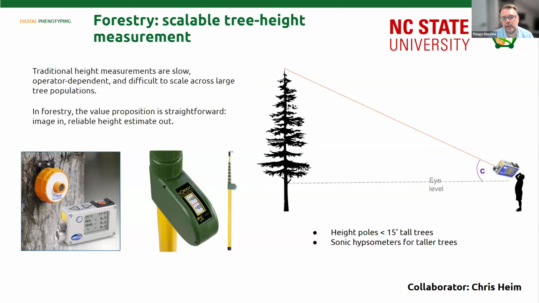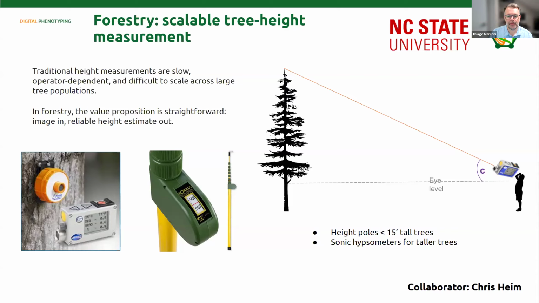Basically, what happened here is he came to me with a challenge, right? They have about 15 to 20 different trials all over the East Coast of the United States. Each of those trials ranges between 800 to 2,000 trees per trial.